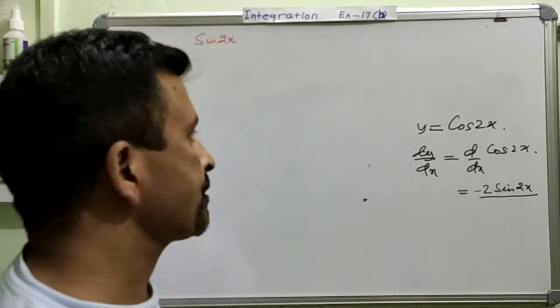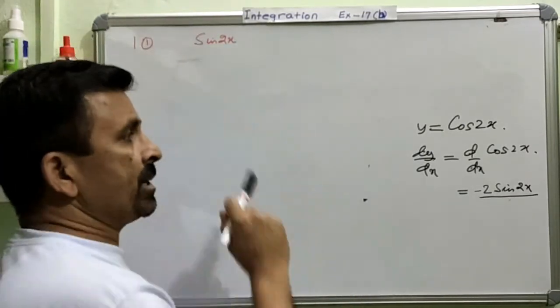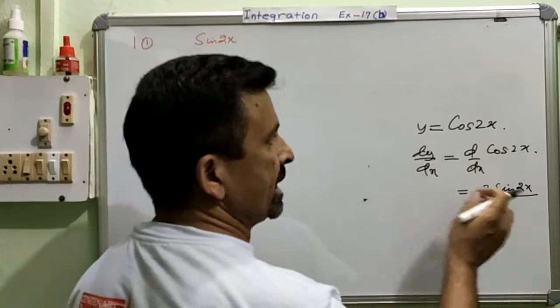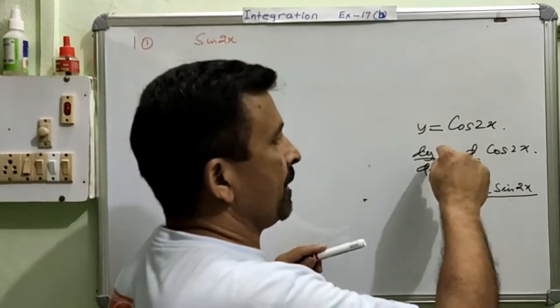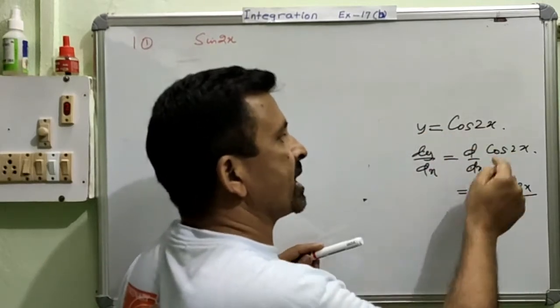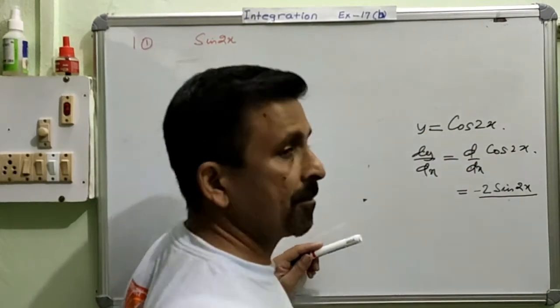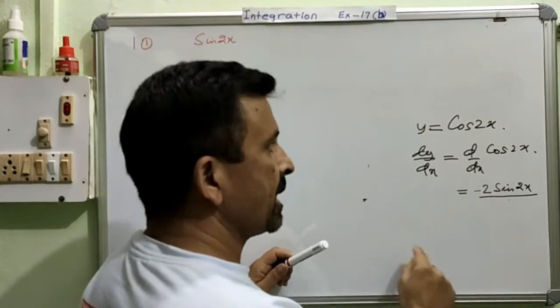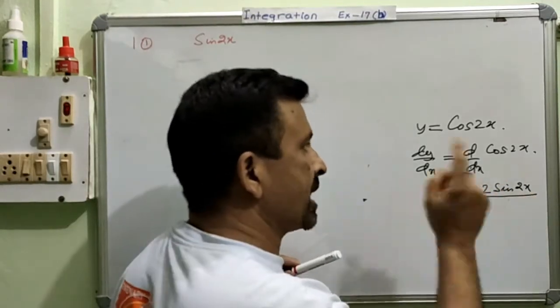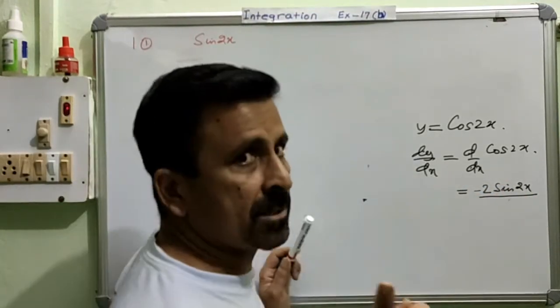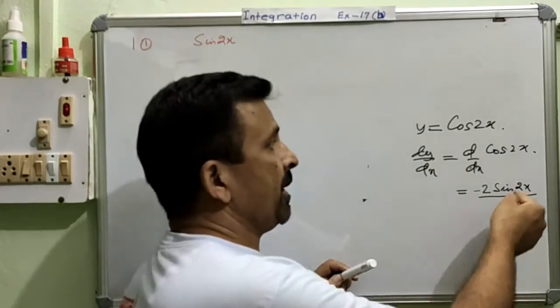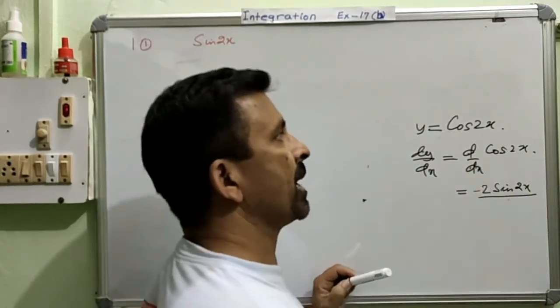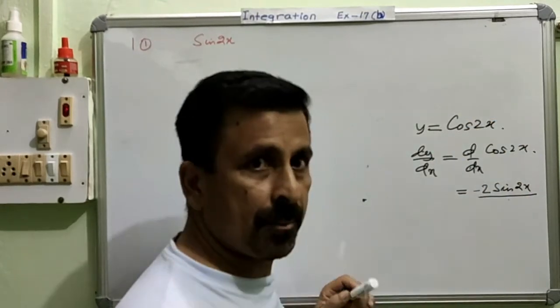Now integration. Now let us integrate. I told you that the derivative of cos 2x is minus 2 sin 2x. This means that since integration is the reverse process, when I now integrate this, it should give me back this question.